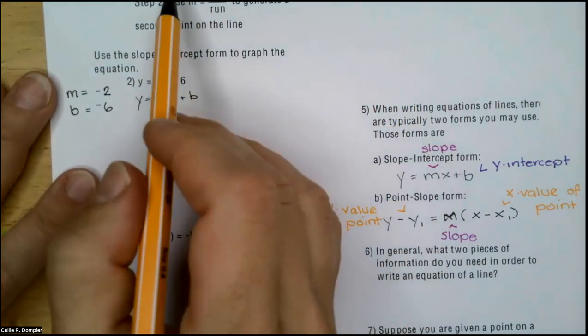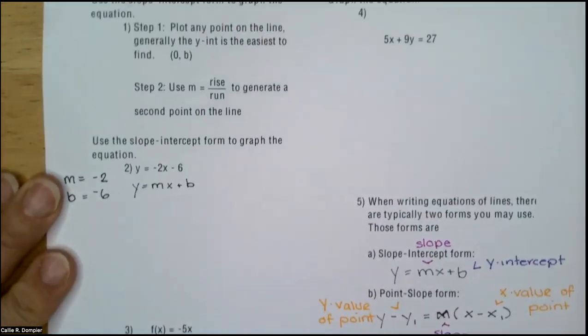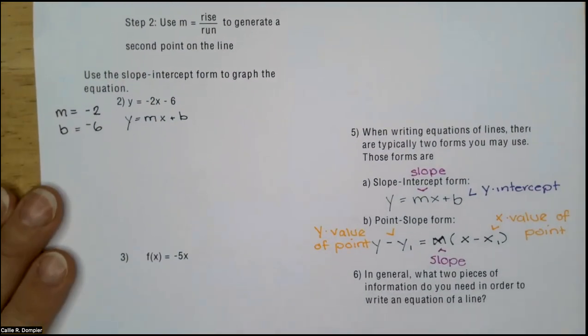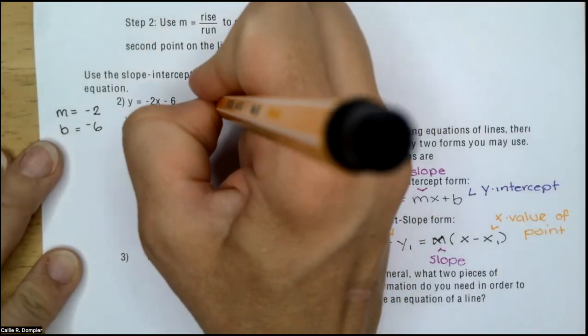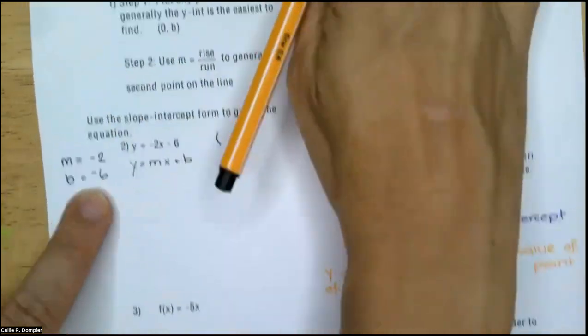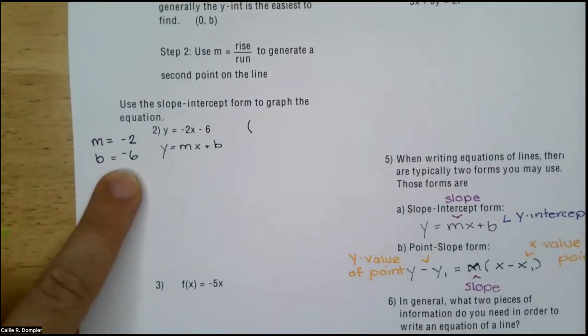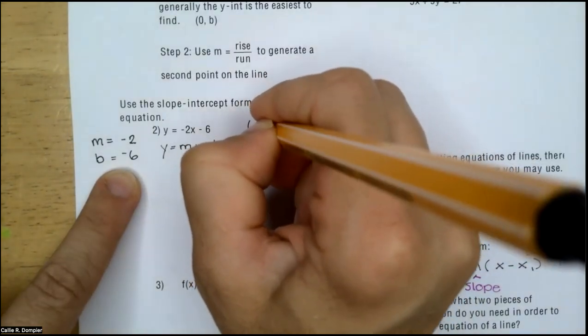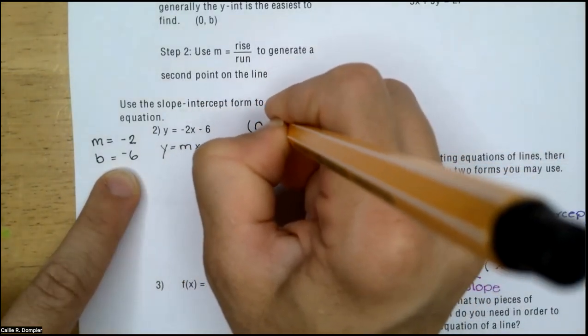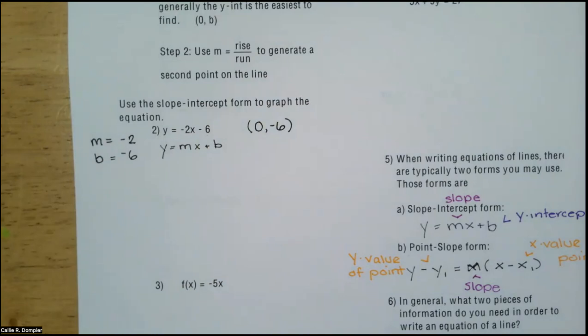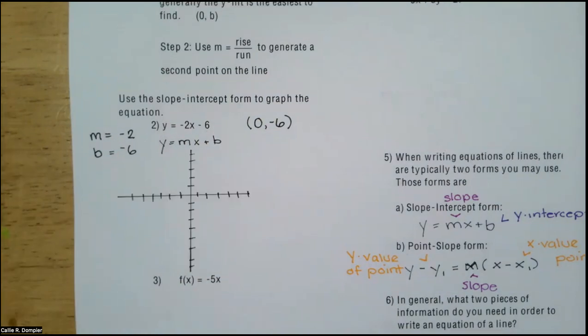So plot a point on the line. The y-intercept is the easiest point to find. So my y-intercept is 0, b, right? My b is -6. So I'm going to plot the point 0, -6. I'm going to pause the video because it's going to take forever. All right, it took forever. Could not find a ruler.